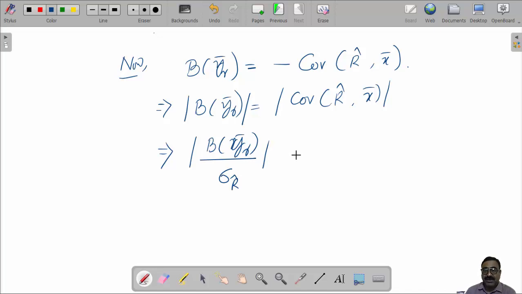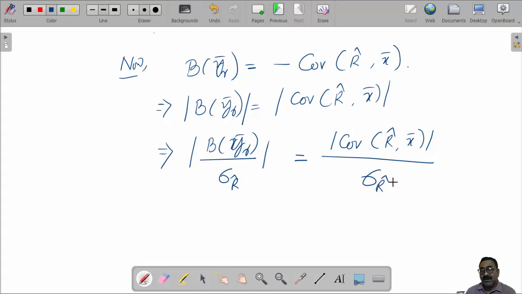standard deviation of the ratio estimator. This is equal to covariance of r̂ and x̄ by sigma r̂. That is equal to, we have rho equal to covariance of xy by standard deviation of x into standard deviation of y.